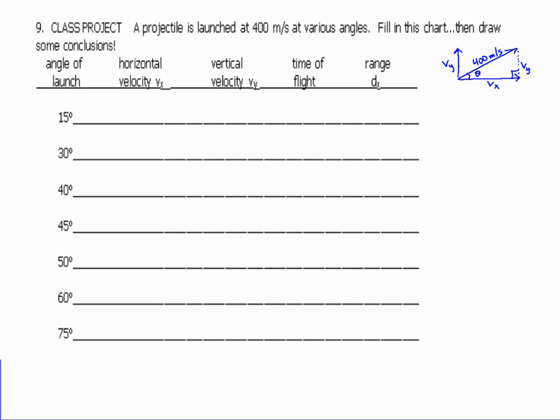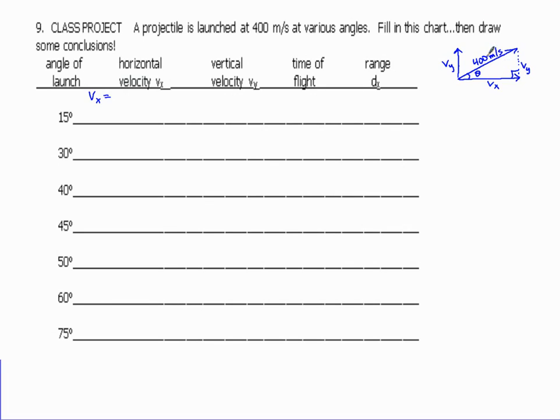For the horizontal velocity, Vx, we are looking for this component of this velocity vector. So I've drawn this diagram, I've made it into a right triangle, and so I can use SOHCAHTOA. So here's theta. I am looking for the adjacent side, and I know the hypotenuse.